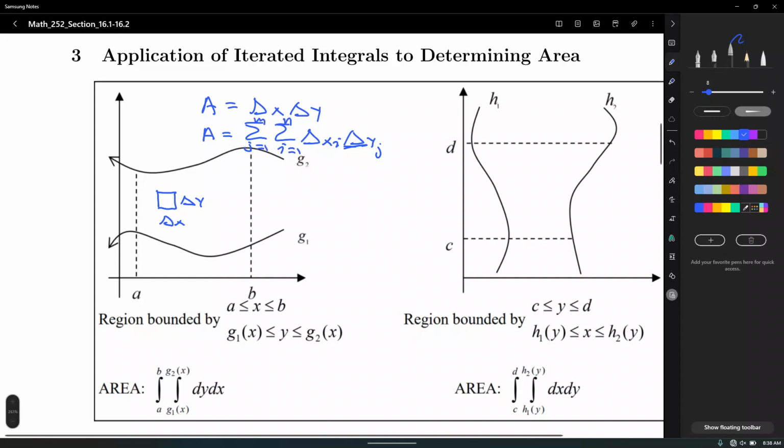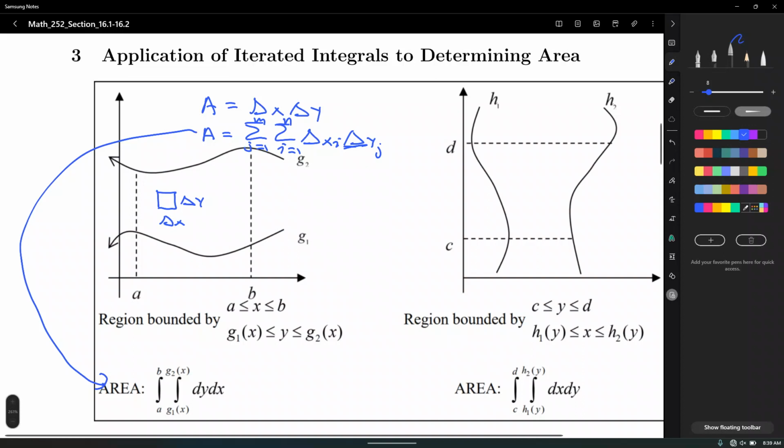So we're going to use n lengths and widths to fill in this region of integration. And of course, if we take the limit of this double sum as m and n both approach infinity, that's simply going to give us the double integral right here. All right?